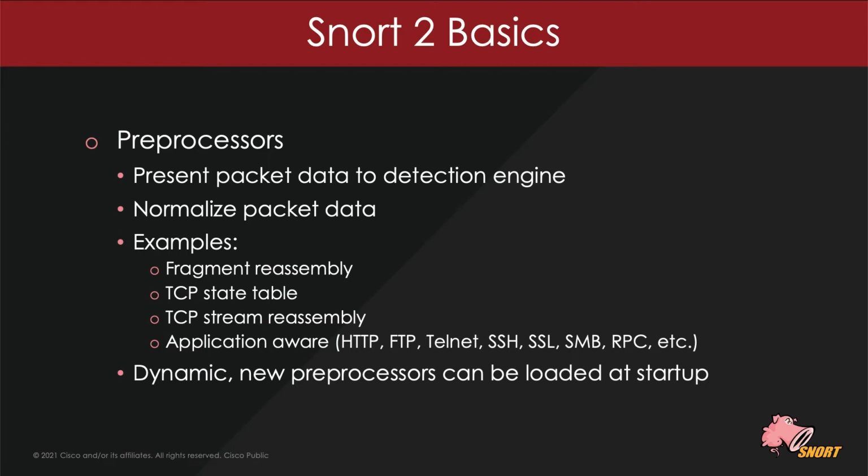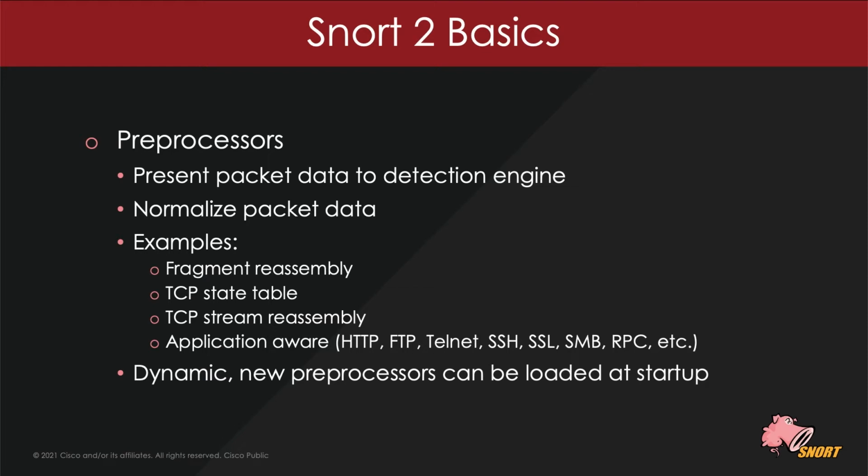When we say normalize, a good example of that is what the HTTP inspect preprocessor does. Most of us are familiar with URIs and HTTP URIs and how they can be encoded, right? So instead of just looking at ASCII, you have the percent characters and all these kind of special characters in a URI. So that's encoding.